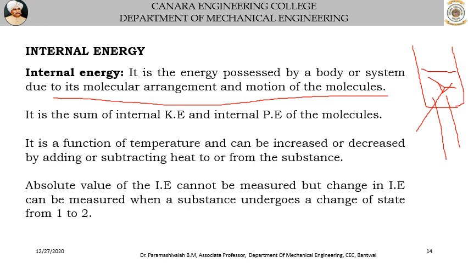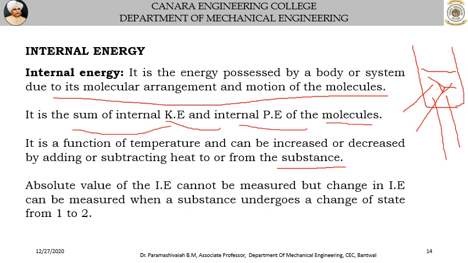This energy is equal to the sum of the internal kinetic energy and internal potential energy of the molecules under motion. It is a function of temperature and can be increased or decreased by adding or subtracting heat to or from the substance. So internal energy depends on the temperature. If you add heat, temperature increases, which means internal energy increases.